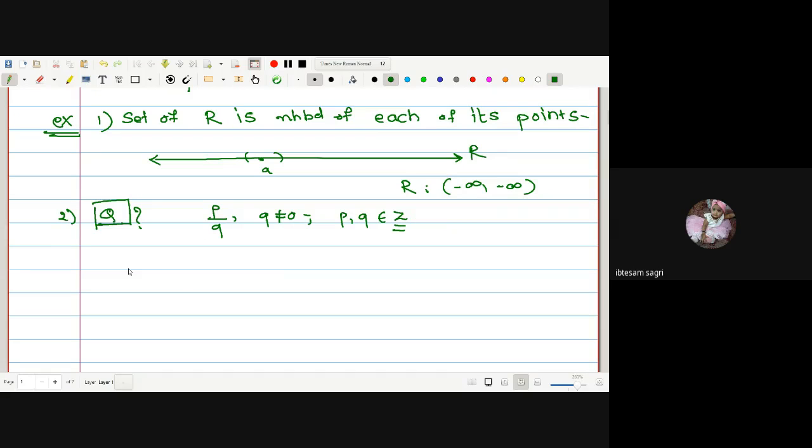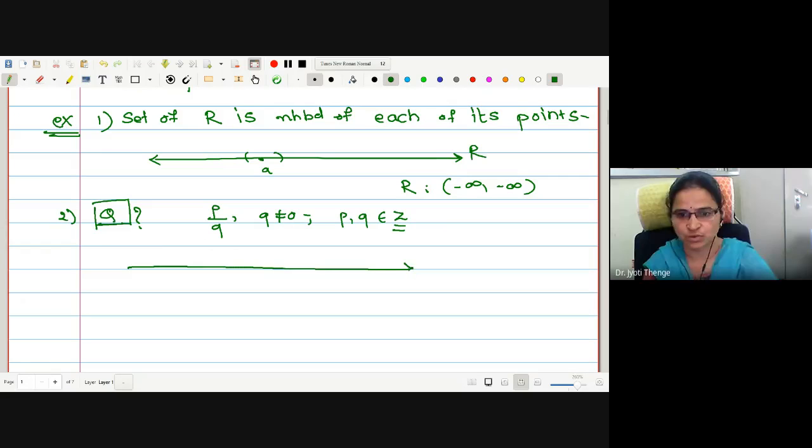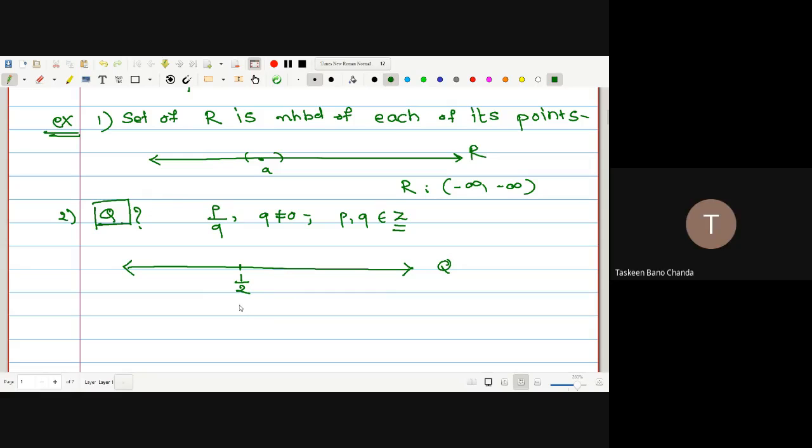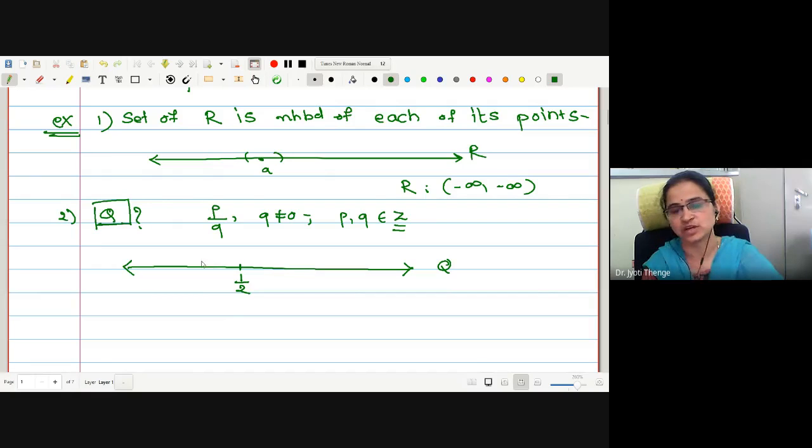Is there any other answer you have? Okay, suppose I am taking the number half. Is it a rational number? Yes, it is a rational number, and I'll check whether the set Q contains an open interval around half.